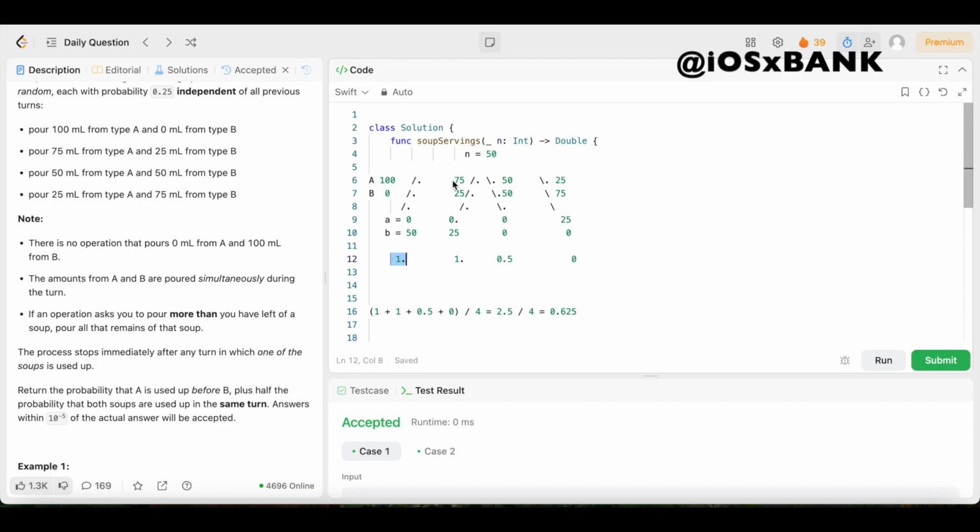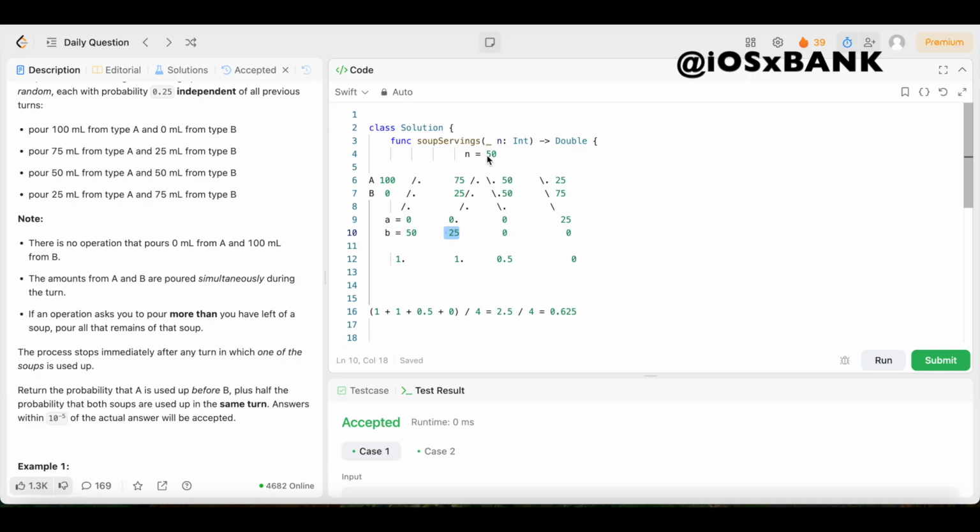Similarly with this one, if we pour out 75 and we only have 50, then A is going to be 0. There's going to be nothing left in A because we were able to pour out 75 milliliters, but we only had 50 to pour out. So once again, A would be empty. And if we pour out the 25 from B, B would now be at 25.